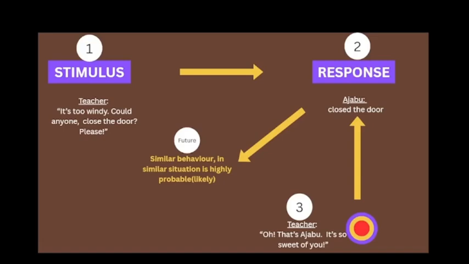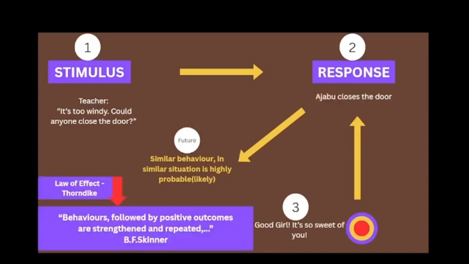Responding to her immediately, the teacher says, "Oh, that's Ajabu. It's so sweet of you." These words are emotionally adding some strength to her behavior, and it is expected that this behavior would reoccur in the near future.